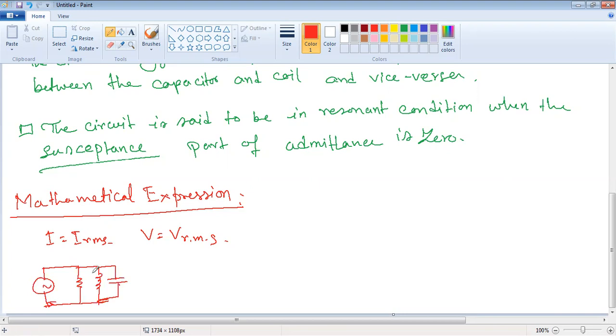So R, L, and C. You can see the current IR is flowing over there, IL is flowing over there, and IC is flowing over there, and the total current is I. So we can write I equals IR plus IL plus IC.